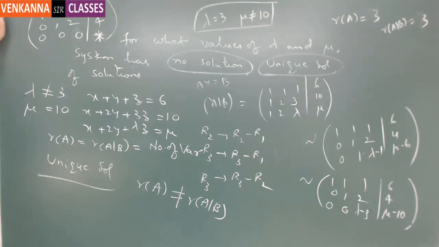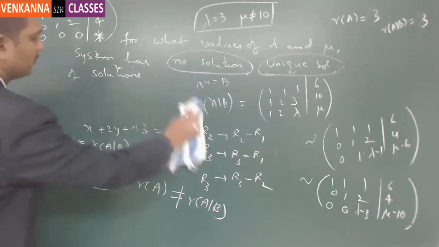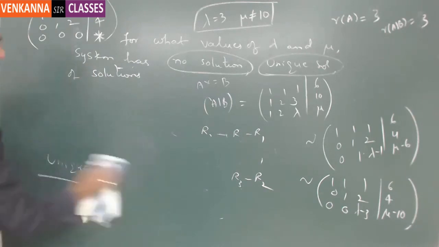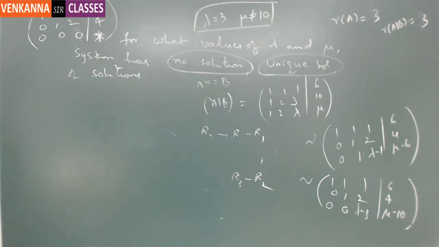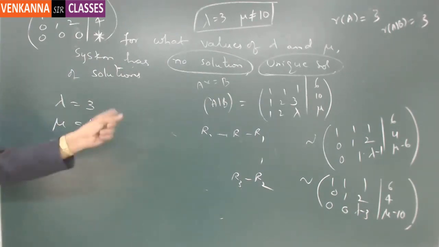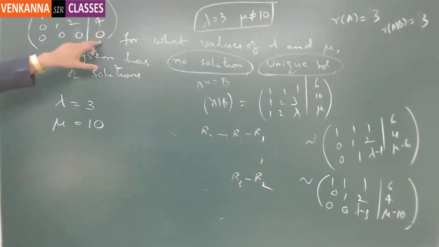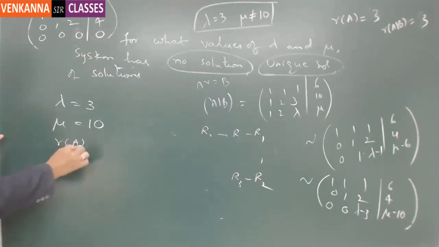Fine. And for the last part, infinite number of solutions, it is possible only when rank of A and A by B are equal and they must be less than the number of variables. So if I say that lambda is equal to 3, mu is equal to 10, then the given system will be in the form where the last row will become completely 0. So you have rank of A is equal to 2.